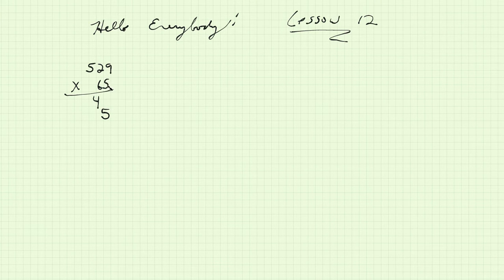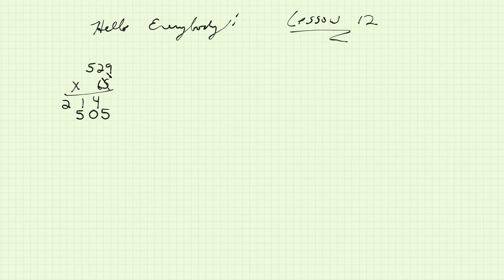But if we say 5 times 2 tens is 10 tens, then I get a 1 over in the hundreds place. Now if I have 5 times 5 hundreds, I'm going to get 25 hundreds. Okay? And I'm done with my 5.